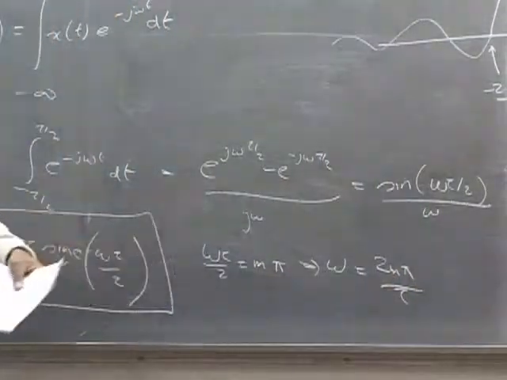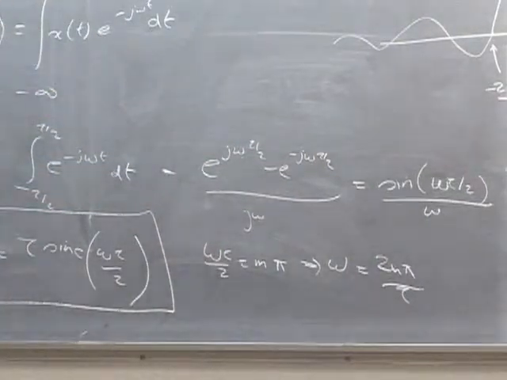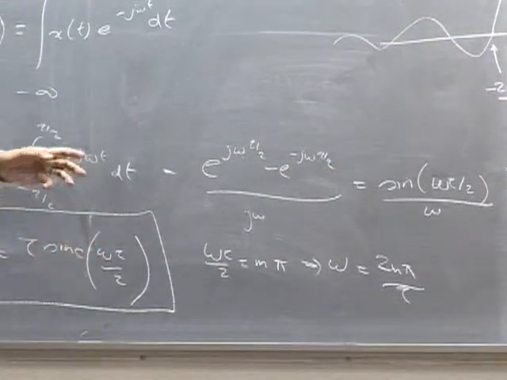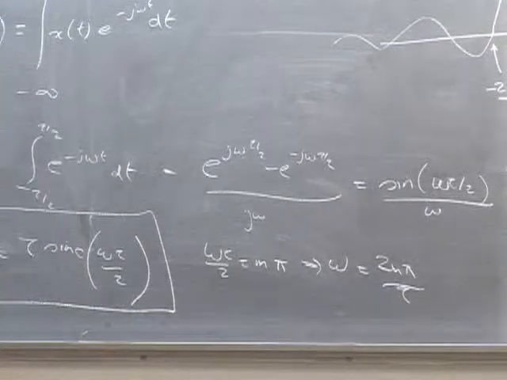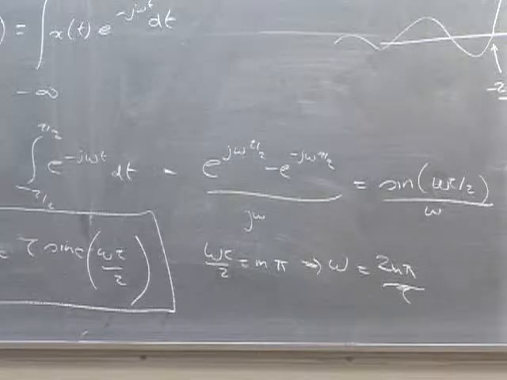So the first ones are plus or minus 2π by tau, 4π by tau, 6π by tau, etc. So 2mπ by tau is where the zero crossings are. And so the first homework question was, at what values of omega does a pulse with width 2 microseconds have no energy? That was the question.